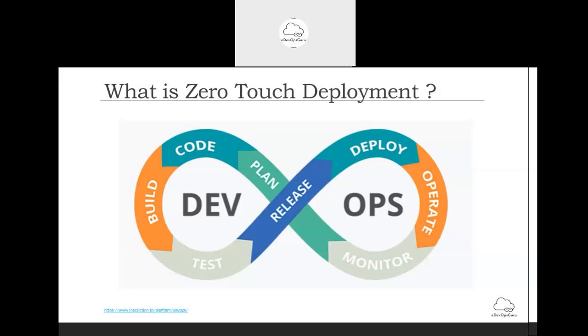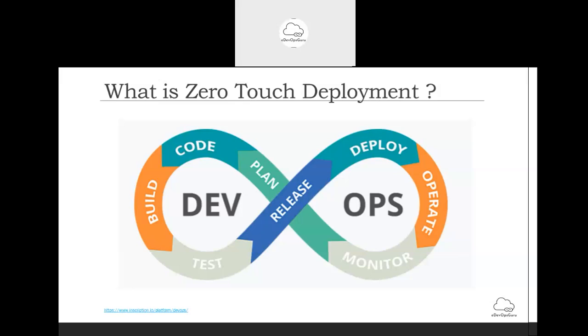So developers know something is wrong and can go and fix it. That is where the whole process is automated, along with proper feedback loops. This is what we mean by zero touch deployment.